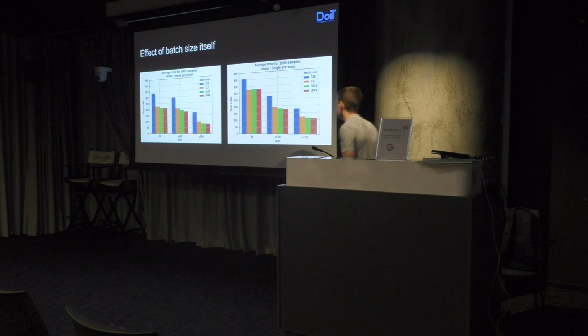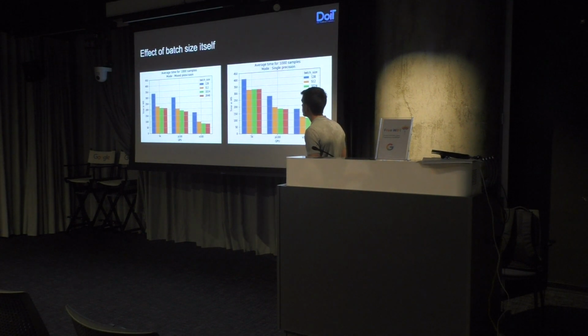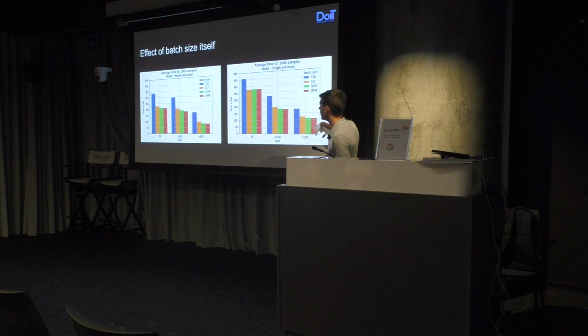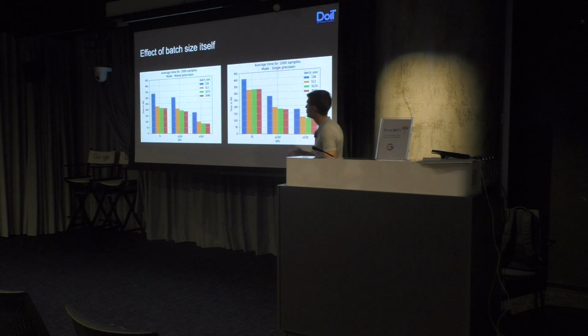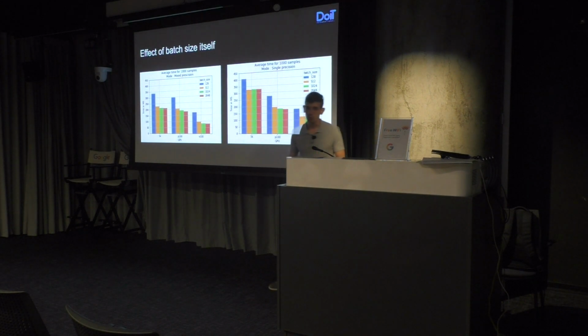What was an interesting point was to see what was the difference between single precision and mixed precision per batch size. And you can see that the most significant reduction was in the higher batch size. As much as the batch size is increased, the effect of mixed precision is more perceivable.